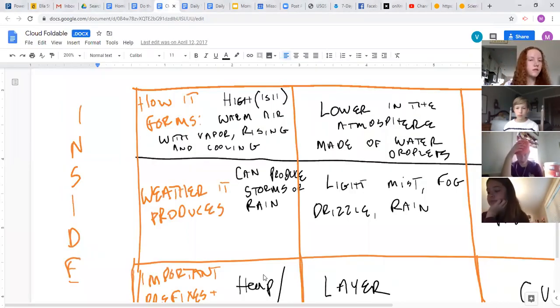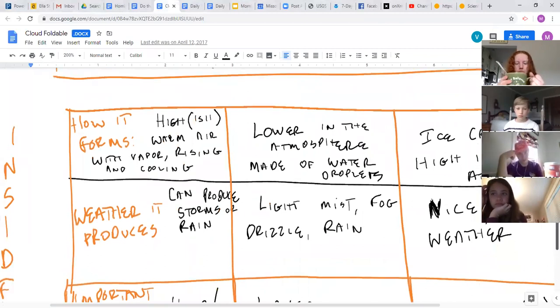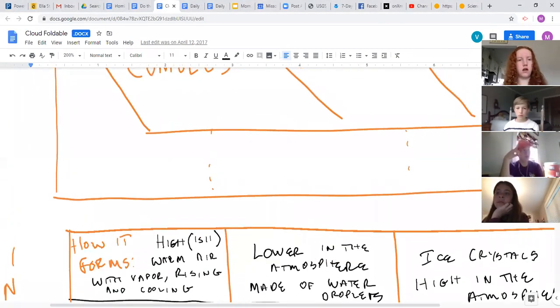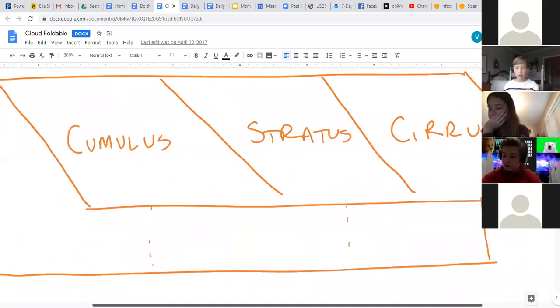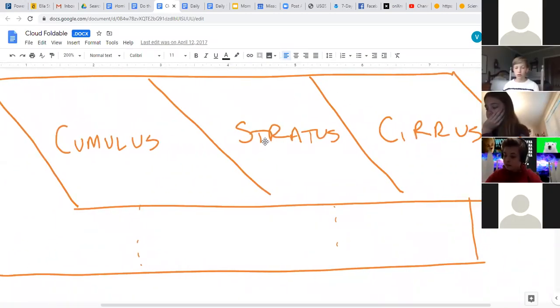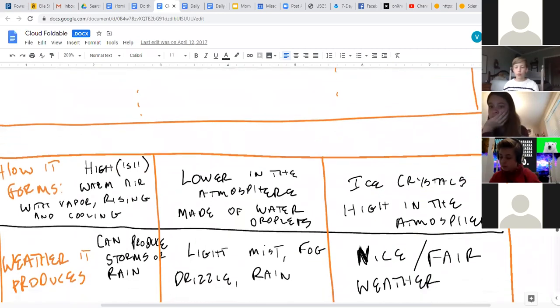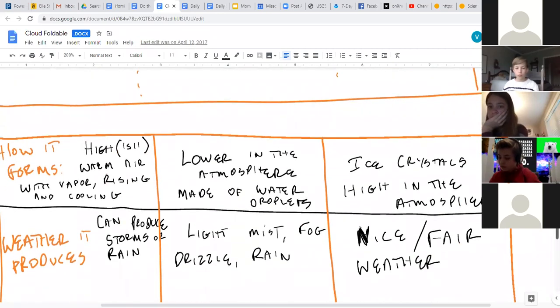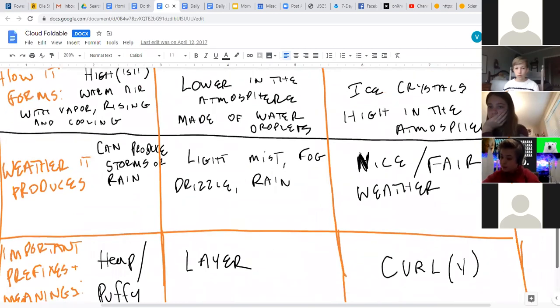Going back to the notes here that are basically done. They're all filled in. It would be up to you to add any extra ideas, and I will present a few extra ideas. Our middle section is for strato or stratus clouds. These typically are lower in the atmosphere, associated with precipitation. The word strato or stratus means layer.